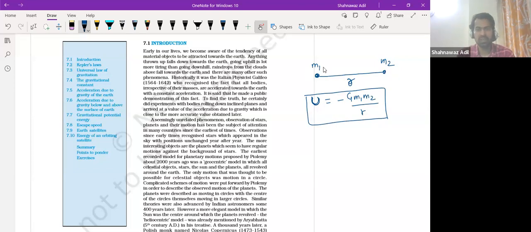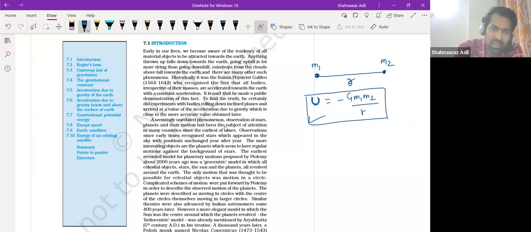Due to gravitational interaction, the energy is stored in the form of this potential. This we did in the previous class, and we require two masses only, right?